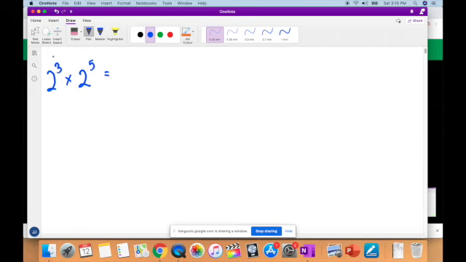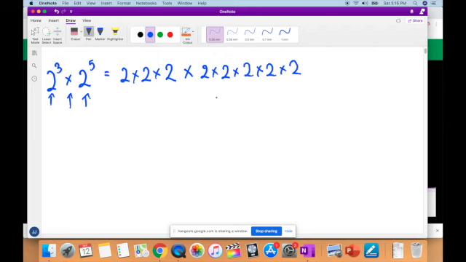You just take 2 to the power of 3, which means you're multiplying 2 by itself 3 times, and then you multiply 2 to the power of 5, which is 2 by itself 5 times, and what you end up having is 2 multiplied by itself 8 times. So now we have 2 to the power of 8.